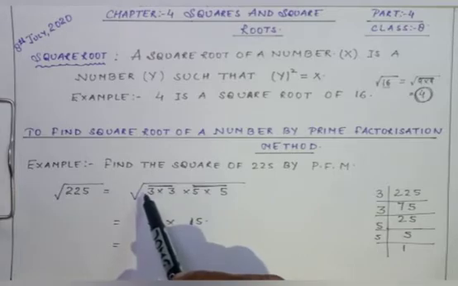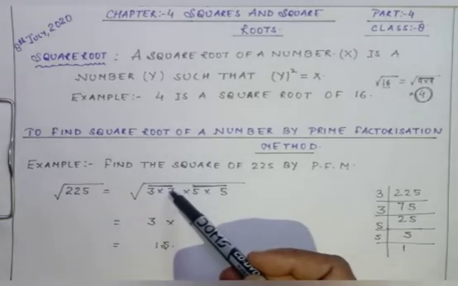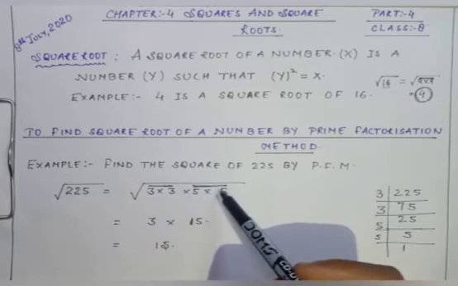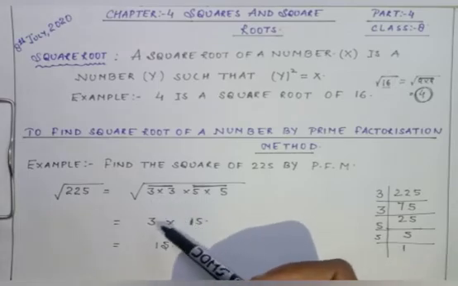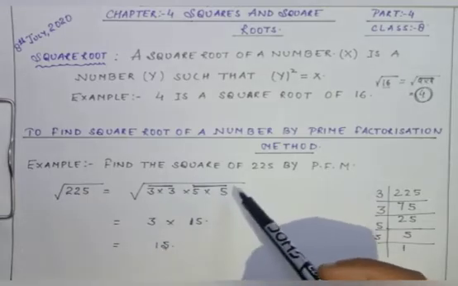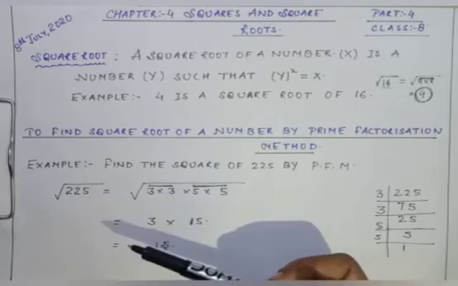Over here 3 into 3 occurs 2 times, so we are going to pair it, and we are going to take 1 3 out from that square root. 5 into 5, it can be paired. I have taken 1 5 from that under root. So 3 into 5 is equal to 15. So 15 is the square root of 225. I hope it is clear to everyone.